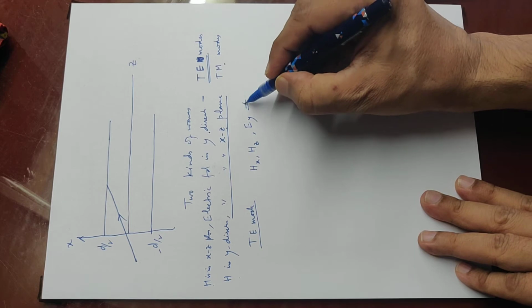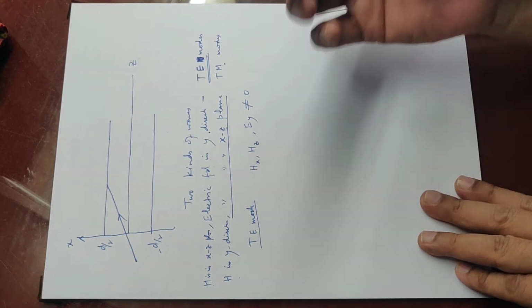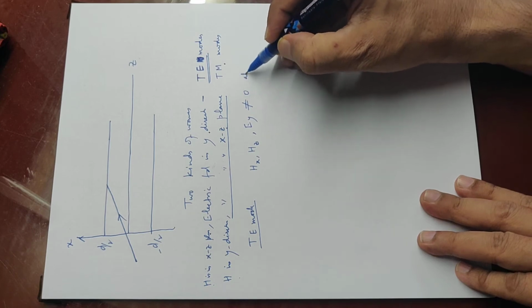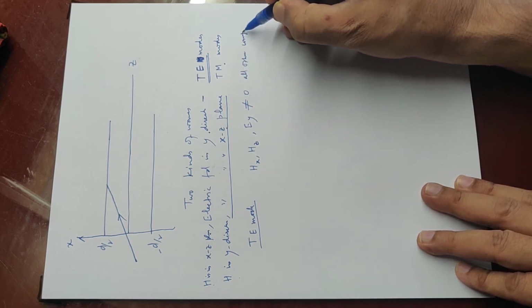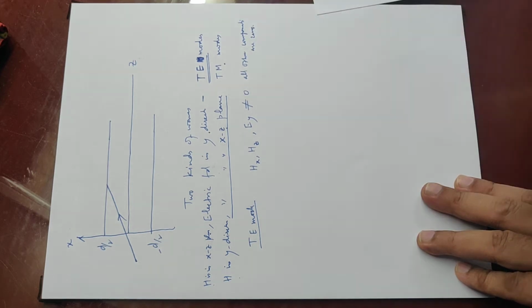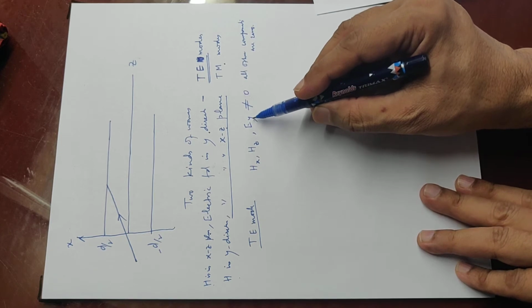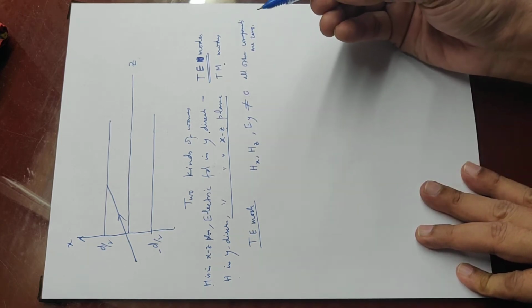All these three are not zero, and all other components are zero. They don't exist. So Ex doesn't exist, Ez doesn't exist, and Hy also doesn't exist.